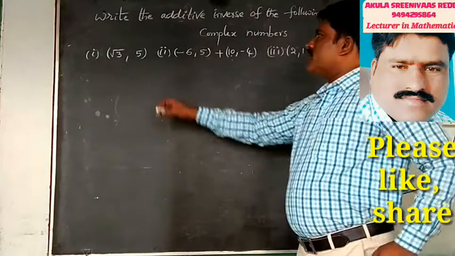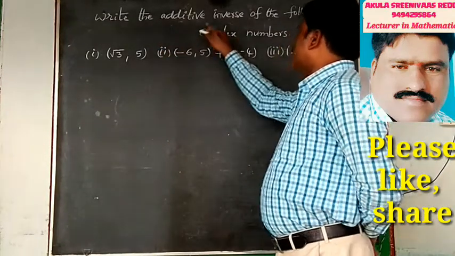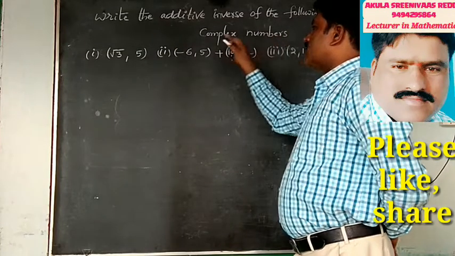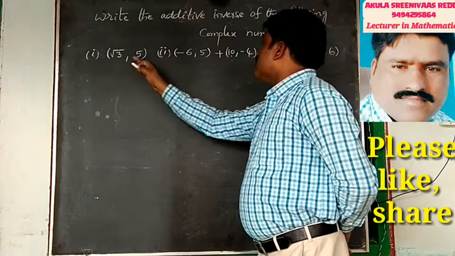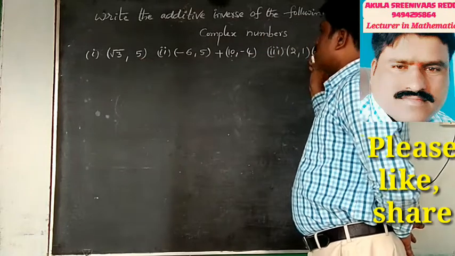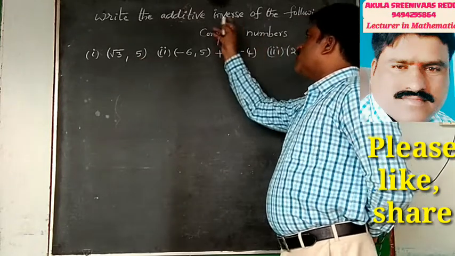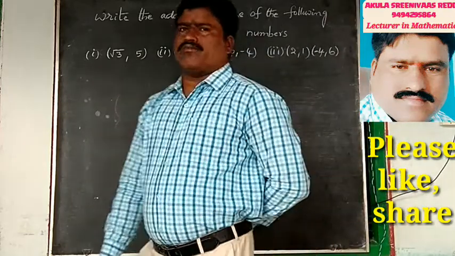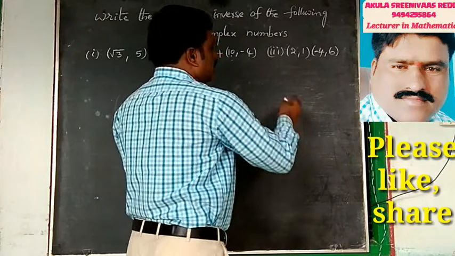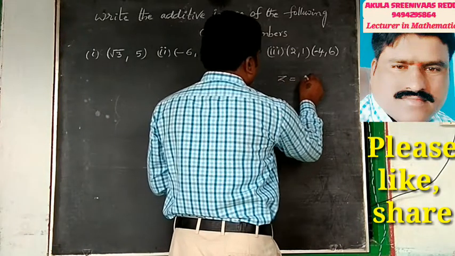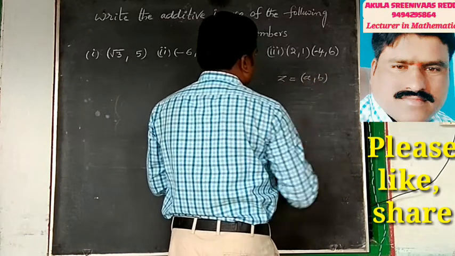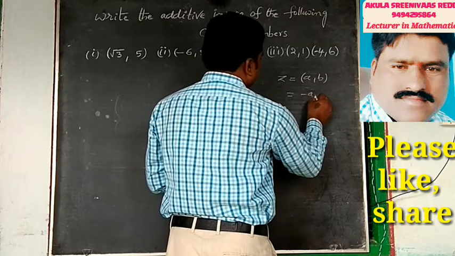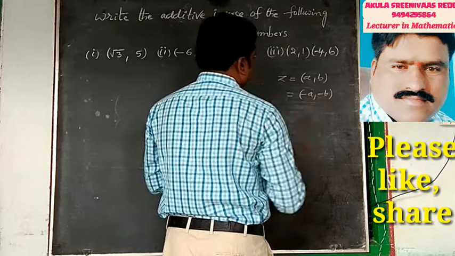Next problem, write the additive inverse of the following complex numbers. So here some complex numbers are given. Now we find additive inverse. The additive inverse means, for example, z is equal to a comma b, then additive inverse is minus a comma minus b.